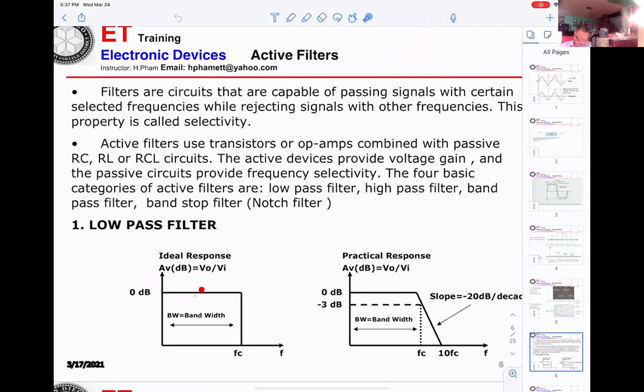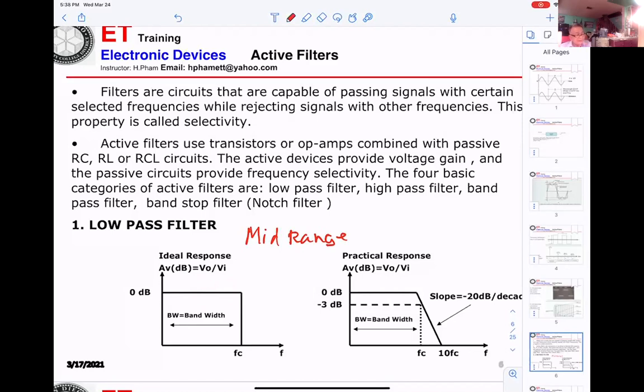At this point right here, do you know what they call this? Brick wall filter. This is the cutoff frequency, the mid-range.